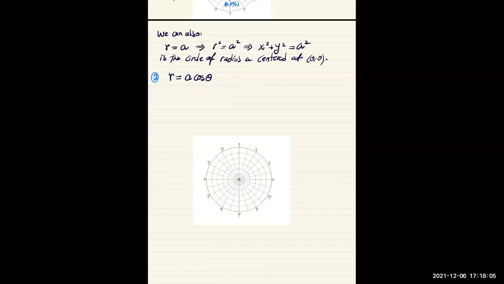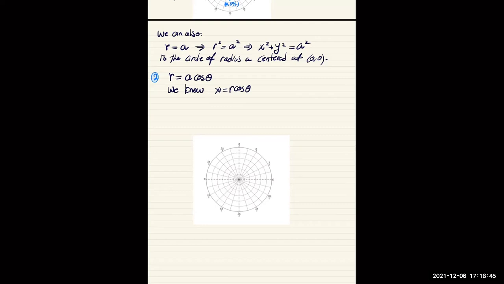To identify this equation, it's definitely not as easy as the last equation. We can't just rationalize and say, just because theta is that and a is that, we get this certain shape. What you can do is transform this to its Cartesian, rectangular form by using the transformation rules. We know from earlier that x is r cosine theta and y is r sine theta, right?